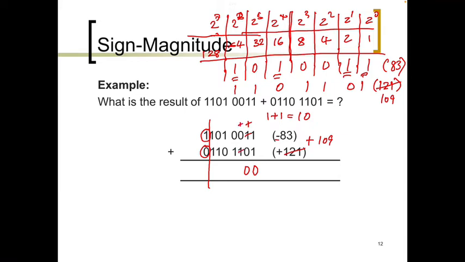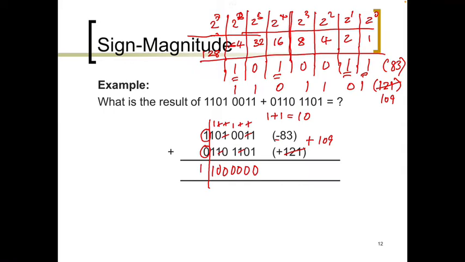Then 1 1 0, carry 1, and continue with the remaining bits.